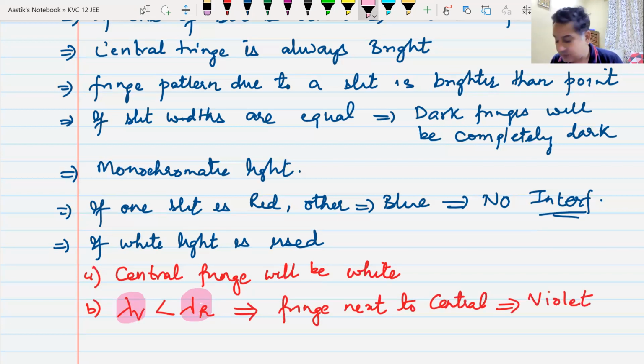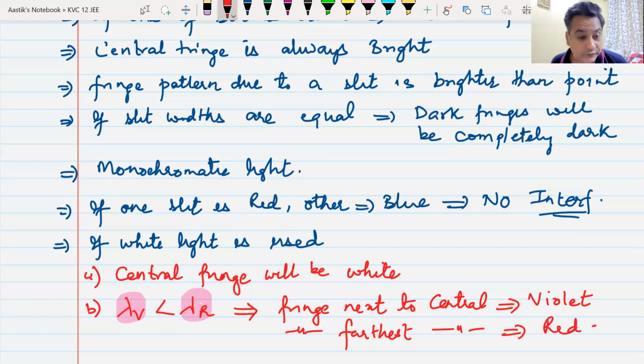And we will see how it depends on lambda. The fringe next to central will be violet. The fringe farthest from the center would be red.